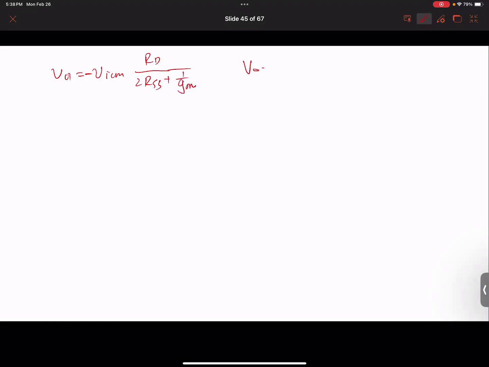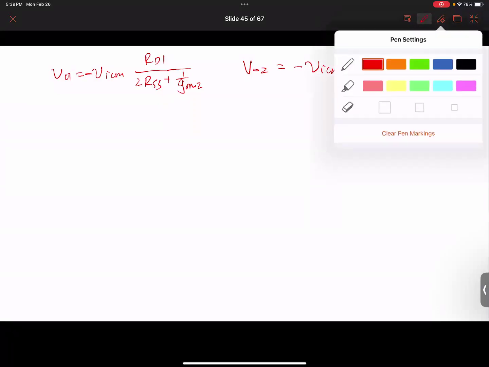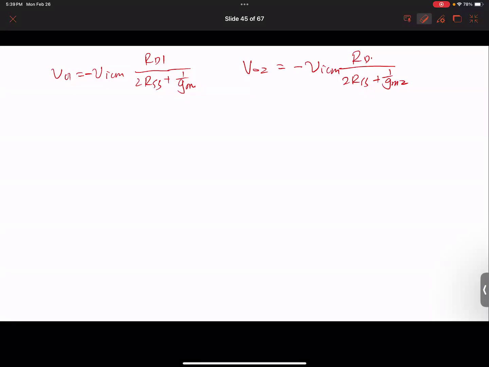And we have VO2 equal to minus VICM times RD divided by 2 RSS plus 1 over GM. Let me make sure this is right. Yeah, 1 over GM, that's correct. So instead of talking about RD and GM, I'm going to add a symbol to use for each transistor. So I'm going to call this GM1, this GM2, this RD2.